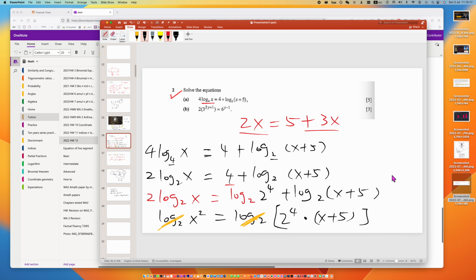Minus log 2. So you need to get 1, so 2 to the power 1. Yeah, 2. Okay, continue.